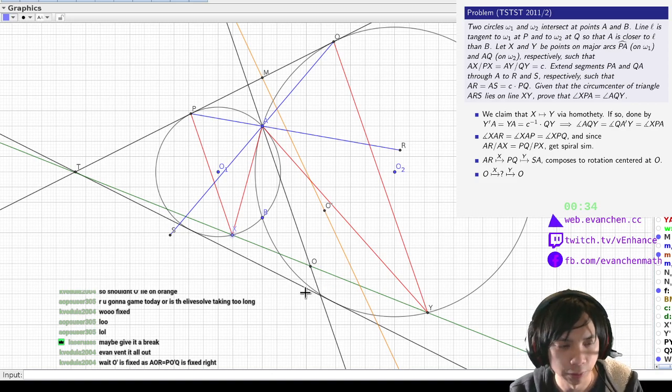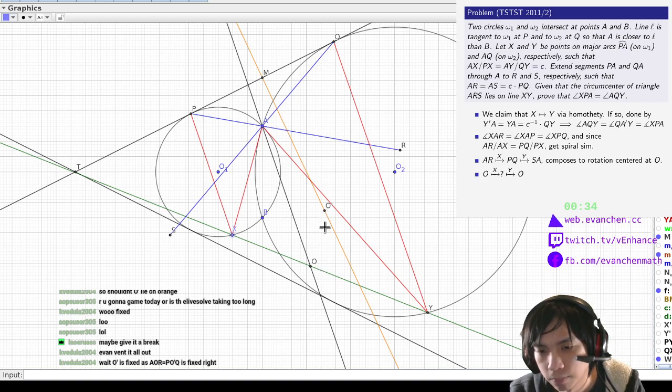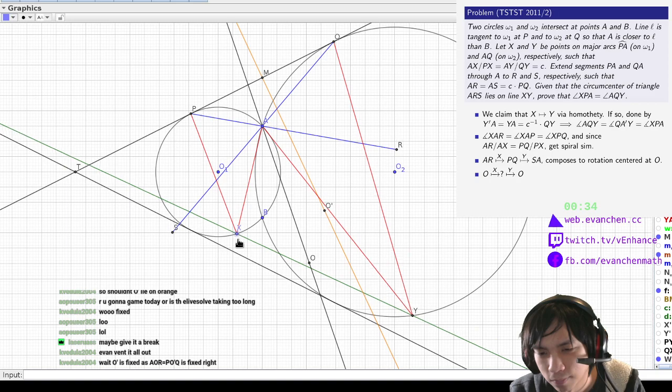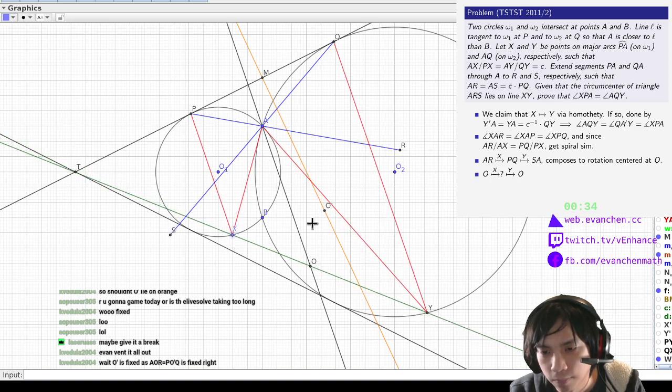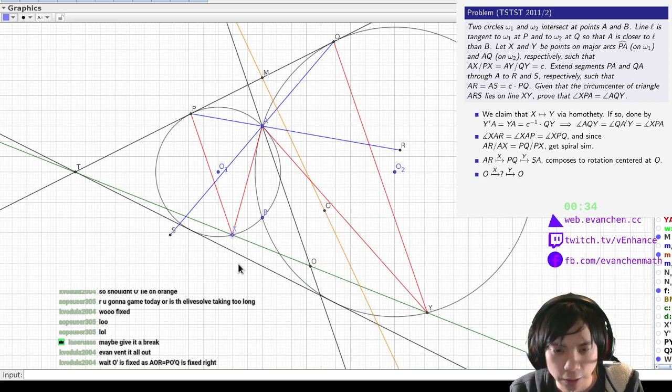Like if I compose two spiral sims, O is a nice fixed point.